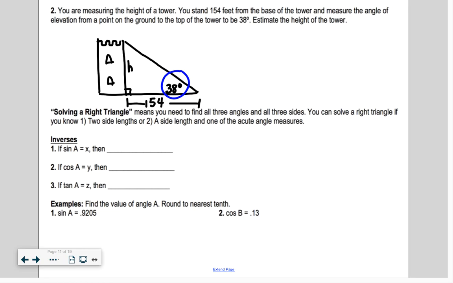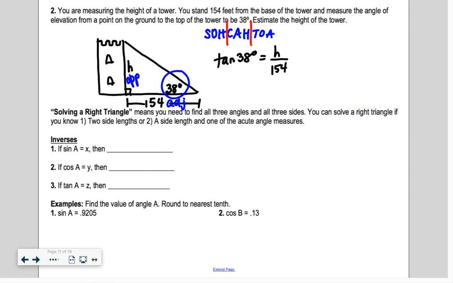We want to use adjacent, and we want to use opposite, right? So if we have our word Sohcahtoa, and we want adjacent and opposite, which one do we want? Tangent. So we're going to do tangent of our angle, 38 degrees, equals opposite, which is h, over the adjacent, which is 154.